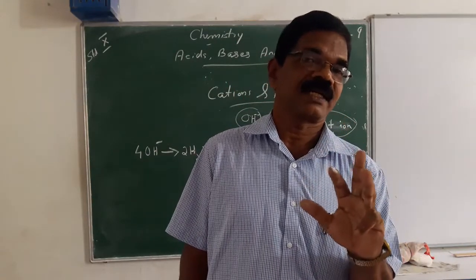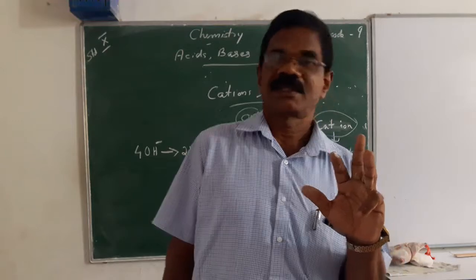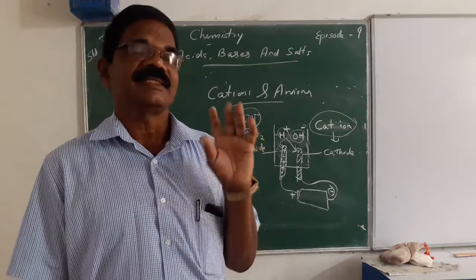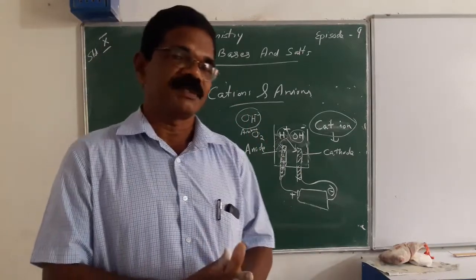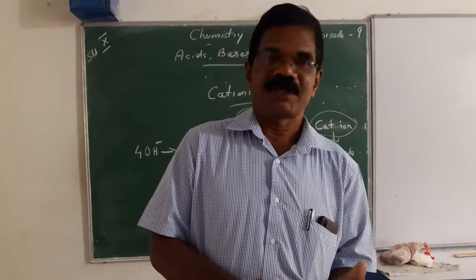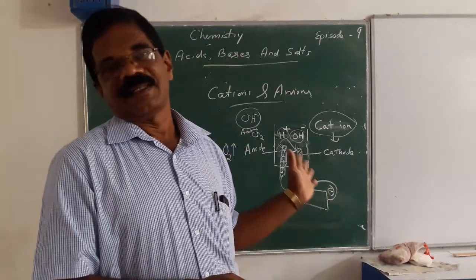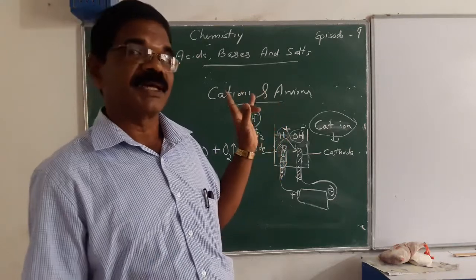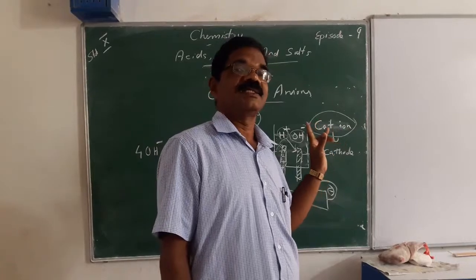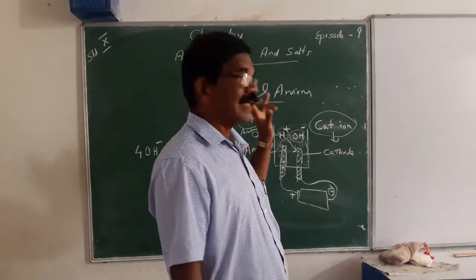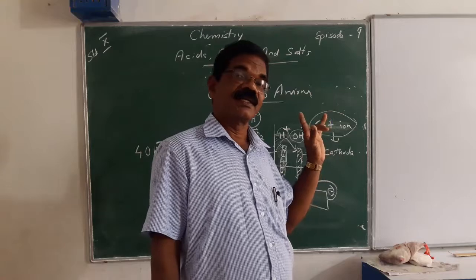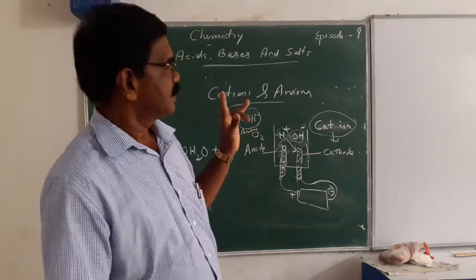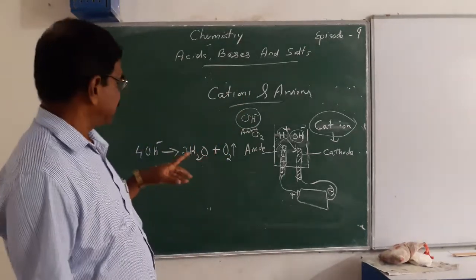Anode is positively charged, it attracts negative ions, so anions are negatively charged. Unlike charges attract. You must remember that anions mean negative. Anode is the positive electrode, anions are negatively charged ions. Similarly, cathode is the negative electrode, cations are positively charged ions.